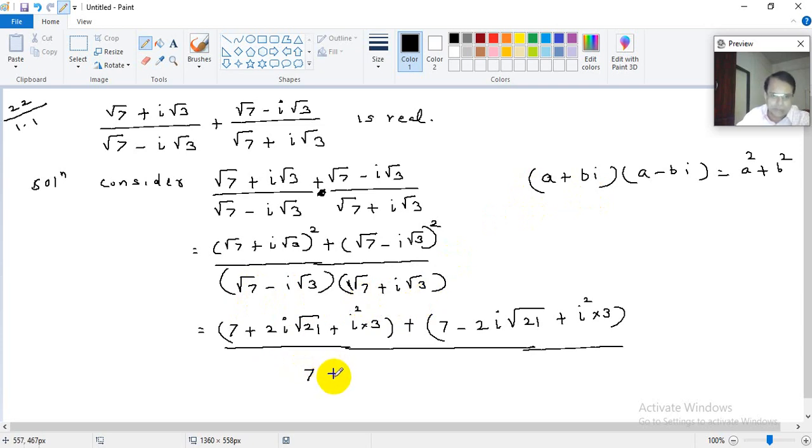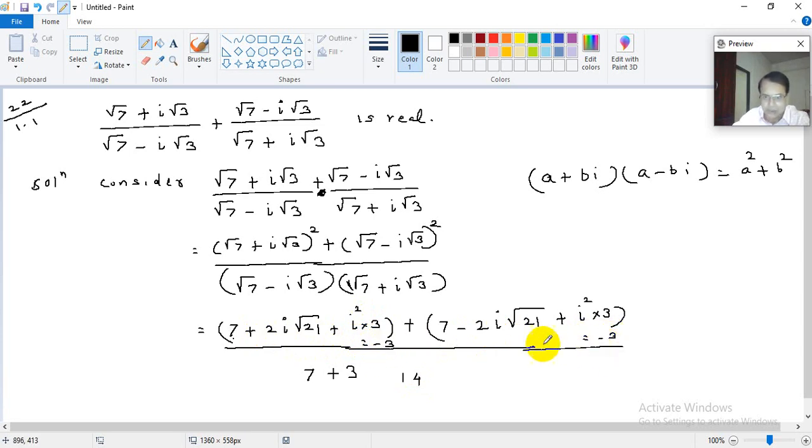7 plus 3. Okay, so now what happens? Whenever you add these two, this 7 and this 7 make 14, this 2i root 21 and this minus 2i root 21 will get cancelled, and then this i squared into 3, i squared is minus 1, so this is minus 3. See, this comes out to be minus 3 and also this is minus 3.